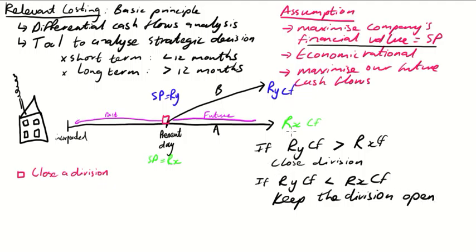So really what we're trying to do when we're analyzing a strategic decision is we're trying to determine, well, what will the new cash flows be under future B, and as a result, what is the decision we need to make that's going to maximize the share price of today? And so differential cash flows is really looking at to what extent will the cash flows between the two futures be different.